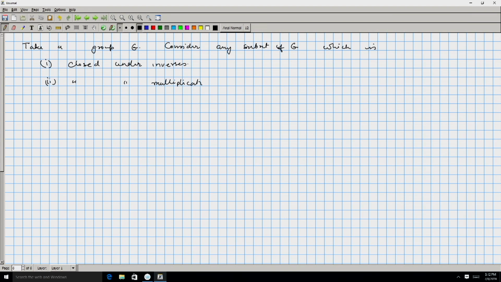Multiplication here means the group operation. Let us call the subset H, then H will be a subgroup of G.